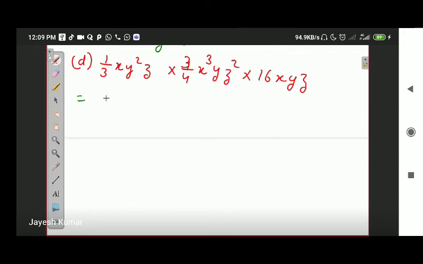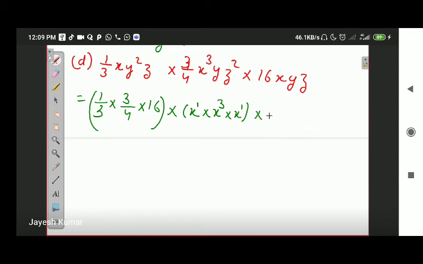First of all, we will separate the constant parts. 1 upon 3 into 3 upon 4 into 16. And then we will group x to the power 1 into x cube into x to the power 1 into y square into y to the power 1 into y to the power 1. And finally z to the power 1 into z square into z to the power 1.